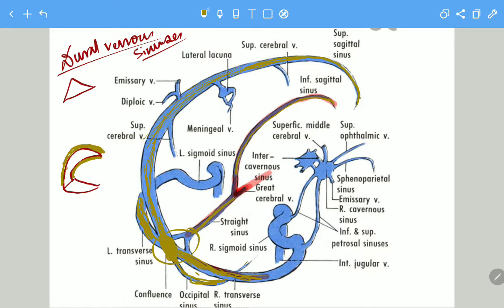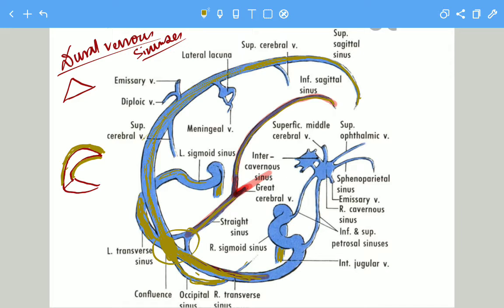One is the right transverse sinus and the other the left transverse sinus, which then form the sigmoid sinus and go through the jugular foramen to form the internal jugular vein. So these are the important sinuses.